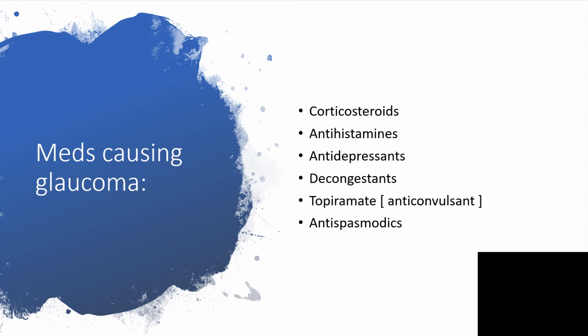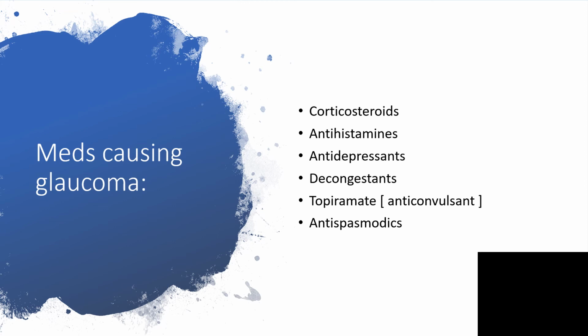Medications causing open angle glaucoma: corticosteroids, antihistamines for allergy, antidepressants. Now, people have depression and we don't want them to go into suicide, and we give them antidepressants, but glaucoma may be waiting at the other end. Decongestants.